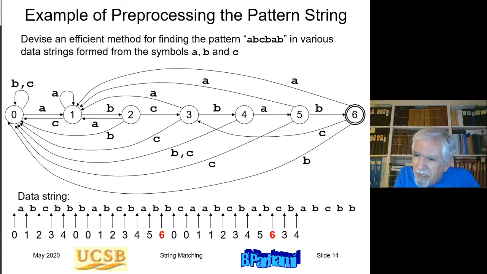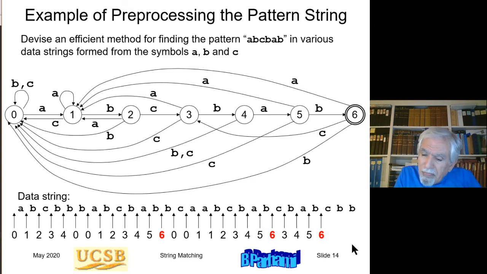Then B takes me to state 4, state 5, and this is the third occurrence. Notice that the two occurrences are overlapping. So here is one ABCBAB. Here is one ABCBAB, and the two overlap, and this approach actually found both of them.